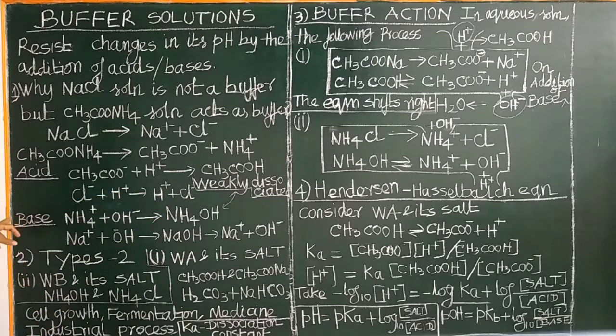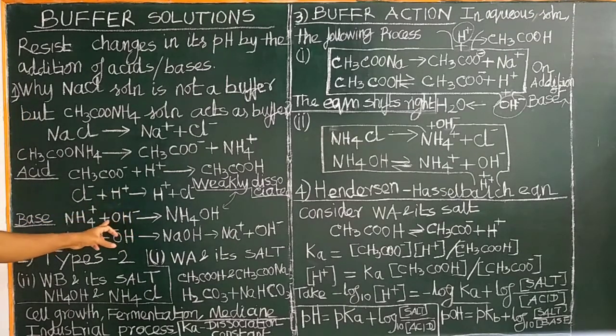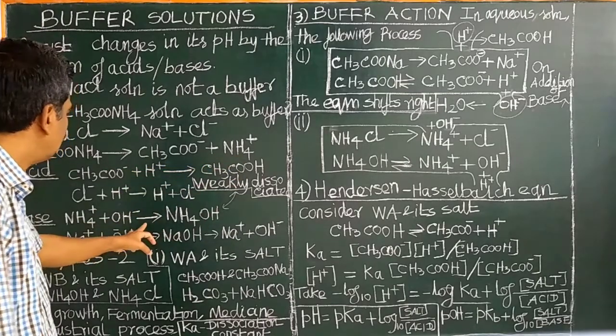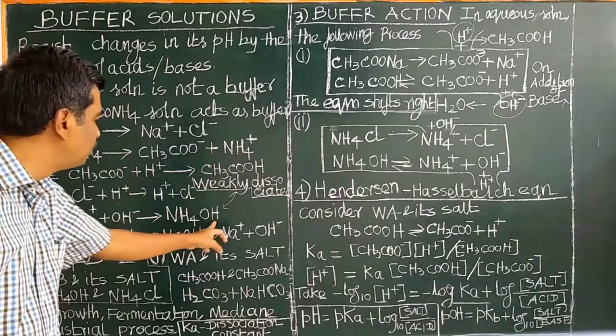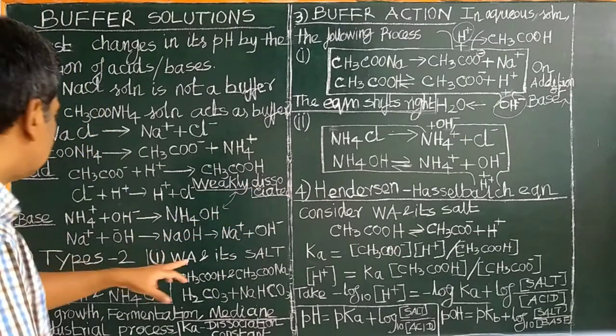Let us consider addition of base to sodium chloride solution and separately to ammonium acetate solution. On adding OH minus ion, it combines with the NH4 plus ion present in the aqueous solution to give undissociated weak base.